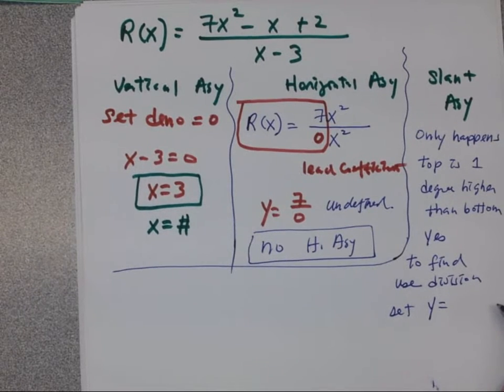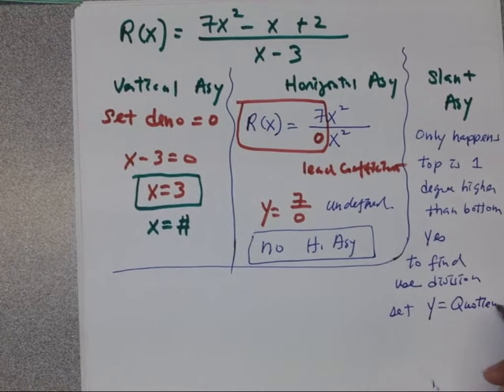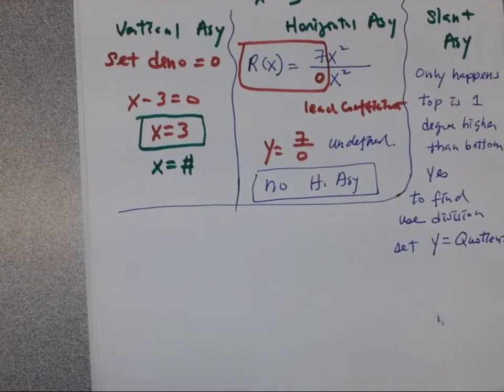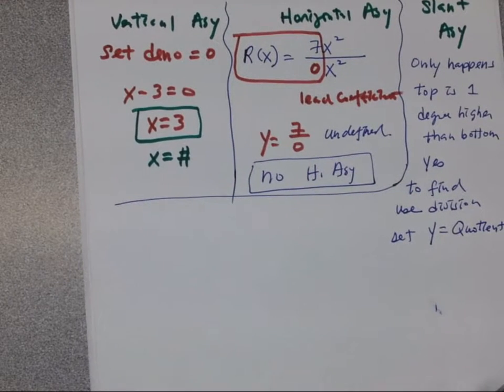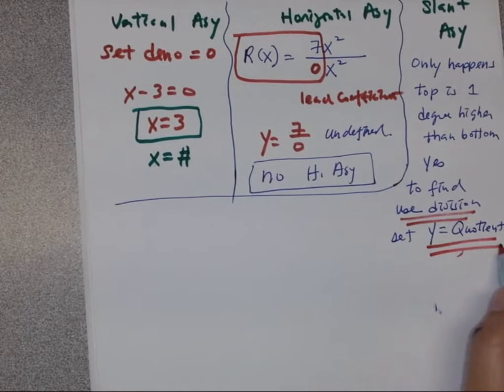You're dividing, so after division, the answer is called the quotient. Okay, need a little bit of studying for this one. So slant asymptote, only when the top is 1 degree higher than the bottom. To find it, we use division, and the slant asymptote would be y equal to the quotient, okay?